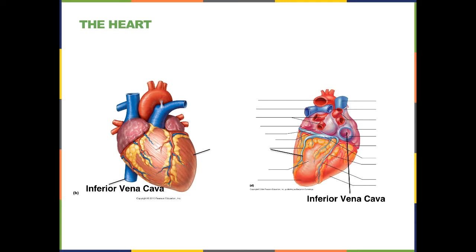The left side of the heart, from the front and the back, is the left ventricle. Again on the left, but in the upper part of the heart, is the left atrium. In your book, I think it's called auricle. I prefer the term atrium to auricle, but you can use either one. The vessels that drain into the left atrium from the lungs are called the pulmonary veins.